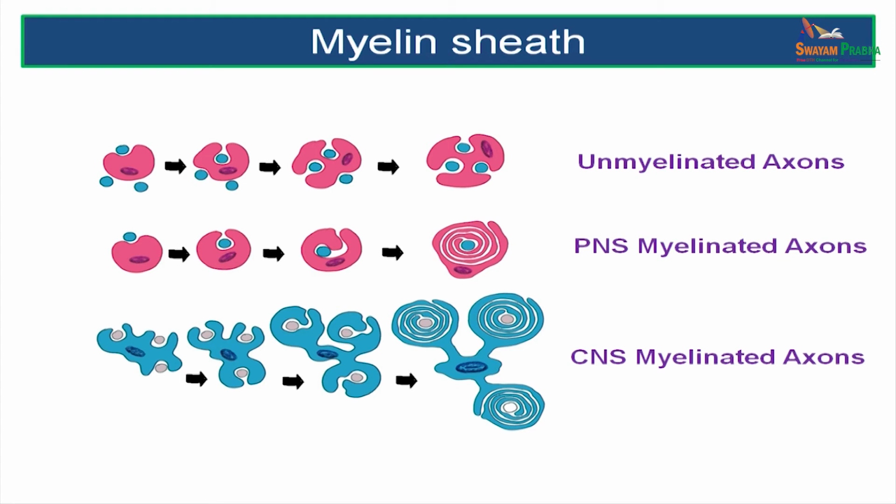Here at a glance, you can see the 3 different types of processes we are talking about. The first one above is an unmyelinated axon. There is no myelin sheath. The second figure is the process of myelination in the peripheral nervous system, and last you can see the process of myelination in the central nervous system.